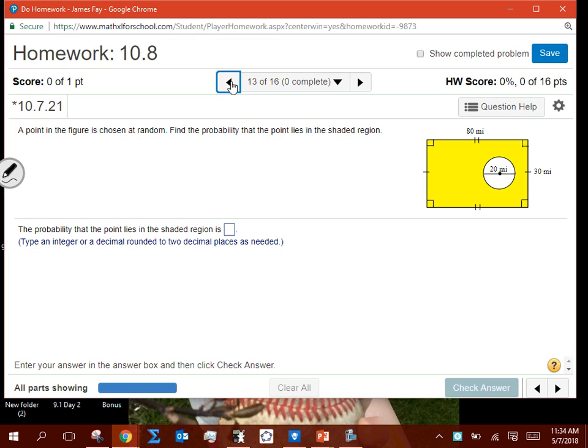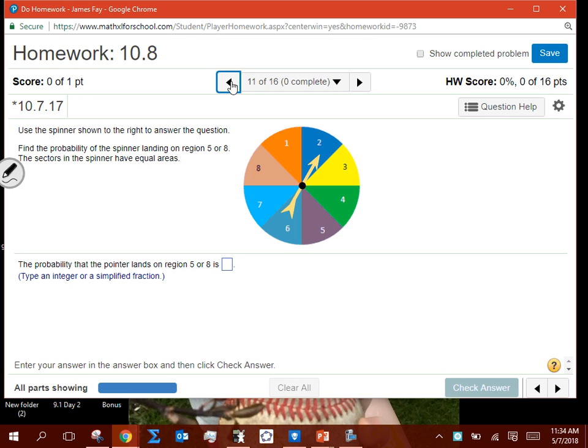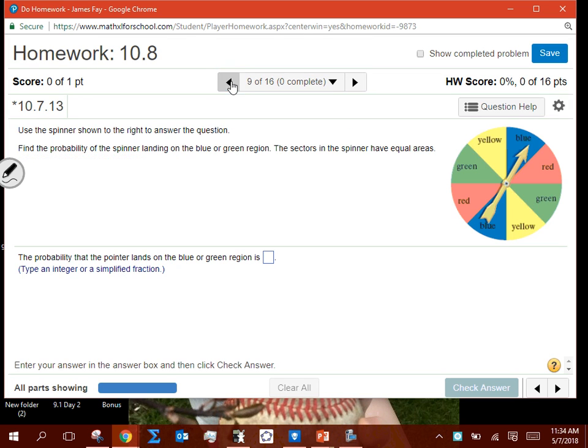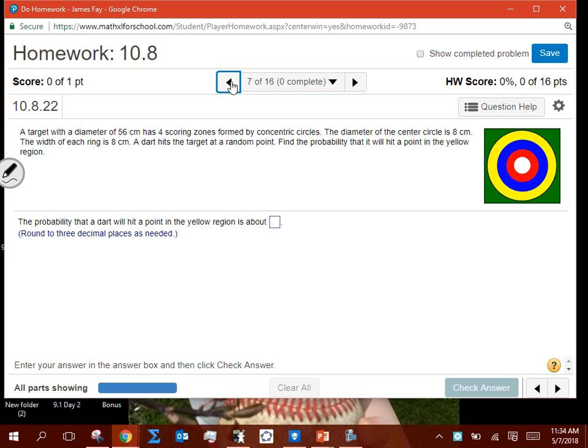So then you guys said you had another question on another one of those archery questions. This one. Target with a diameter of 56 centimeters has 4 scoring zones formed by concentric circles. The diameter of the center circle is 8 centimeters. The width of each ring is 8 centimeters. A dart hits the target at a random point.